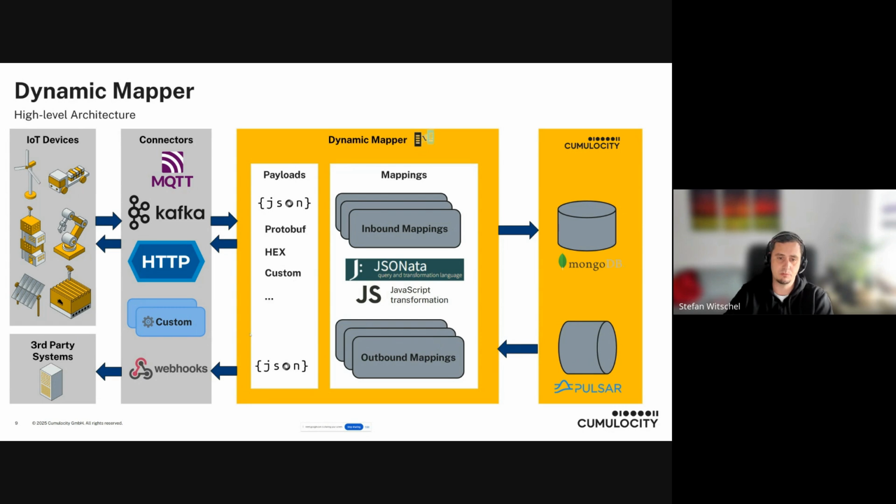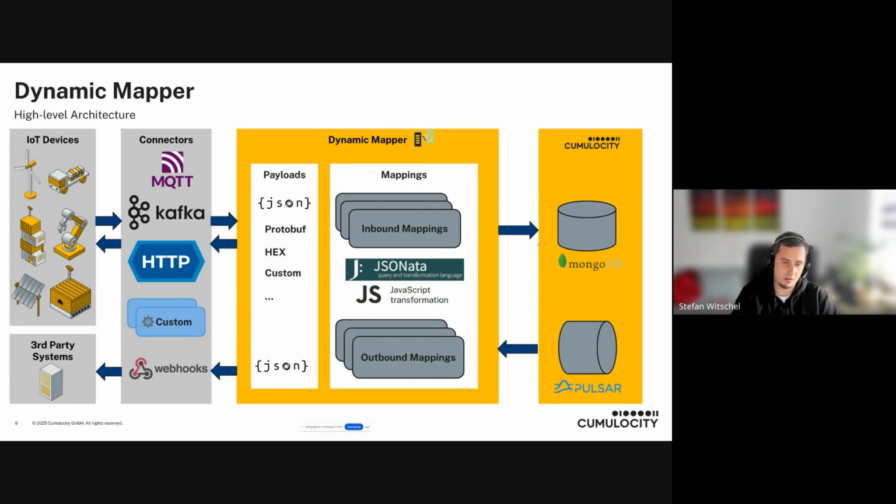Then we have so-called payload processors, which can be implemented and extended as well. We have default payload processors for JSON, protobuf, and hexadecimal payloads, and of course you can extend them if you have some custom data format which is not covered by the default processing. Then we have the mappings, as you have seen on the screen, where we can define so-called inbound mappings and outbound mappings.